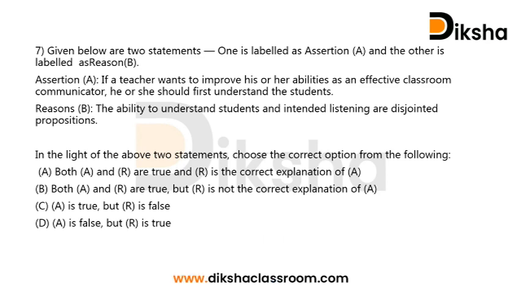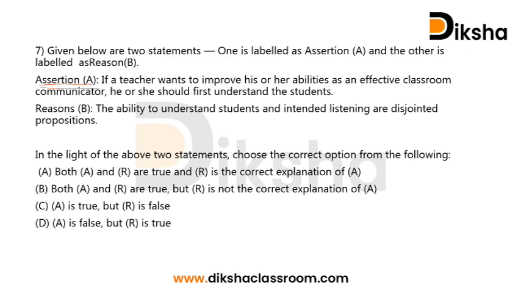So first let's take the assertion part. Assertion statement is that if a teacher wants to improve his or her abilities as an effective classroom communicator, he or she should first understand the students. It is a very simple statement which we know is true. A good teacher is an effective communicator.